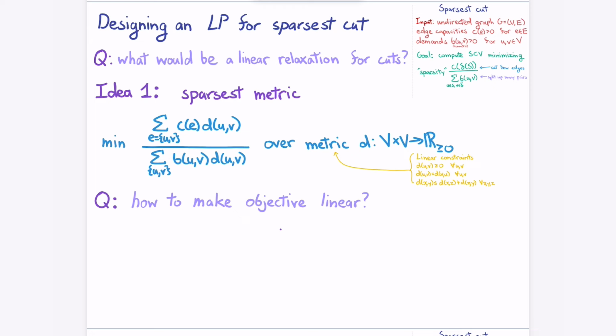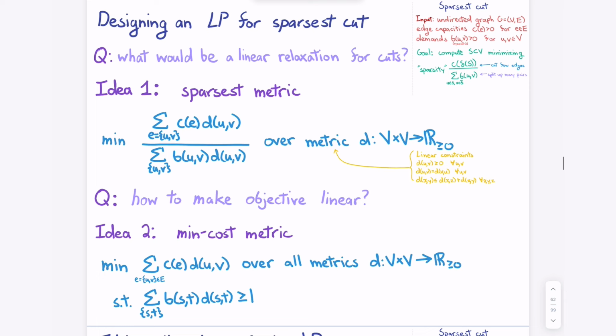It's good that it's just summations. That's nice and linear. The only issue is that we're looking at a ratio. I can basically normalize the denominator. The denominator has to be greater than or equal to 1, otherwise minimize the numerator. Now you have an LP. You can just plug this into a box, and you're fine.